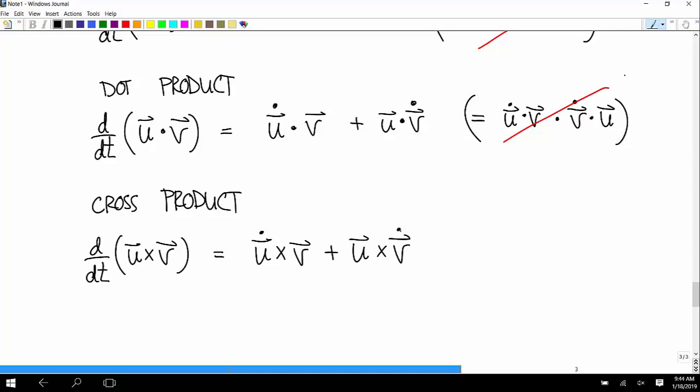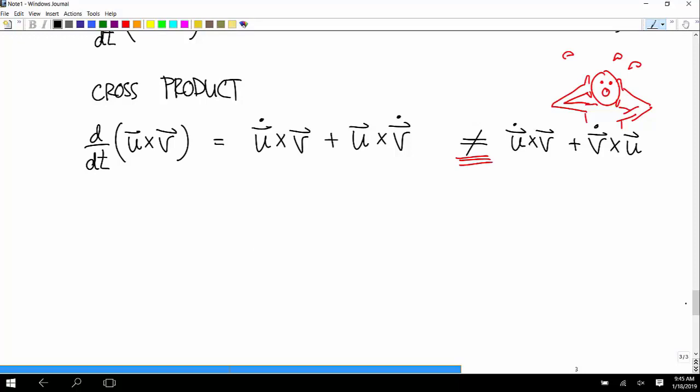And the whole reason that we don't want to think in that other way is that this is not equal to u dot cross v plus v dot cross u, because this v dot cross u is not equal to u cross v dot, because order matters with cross product.